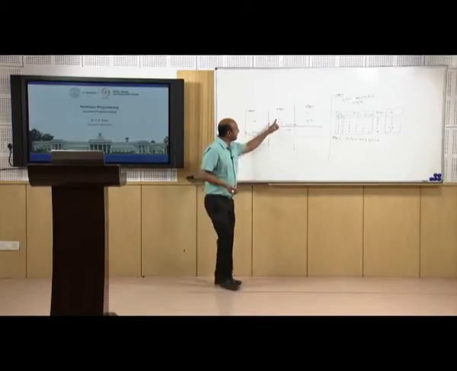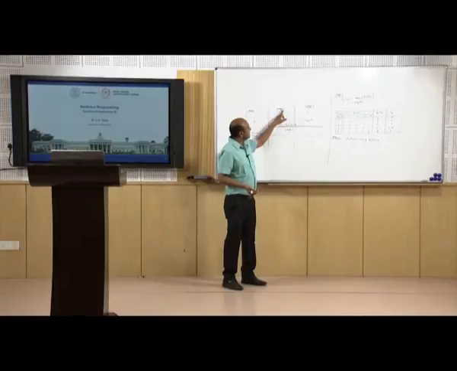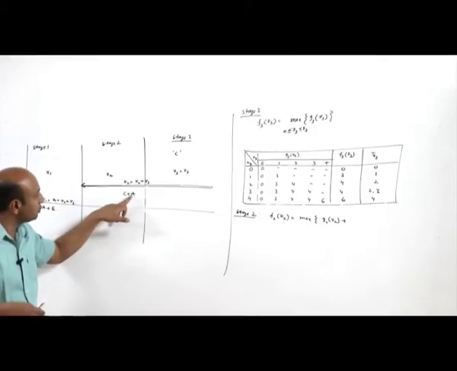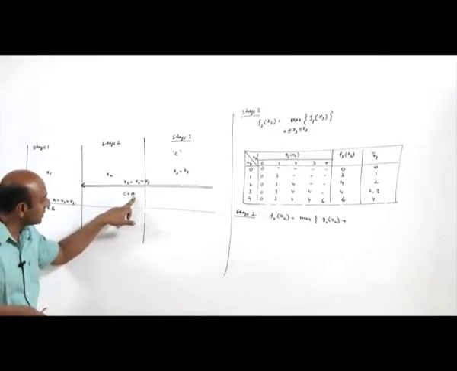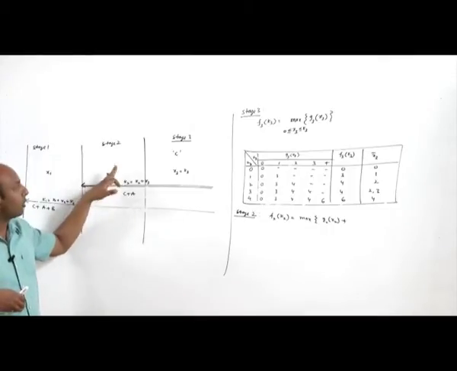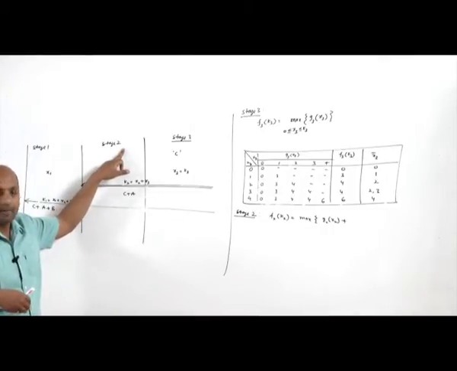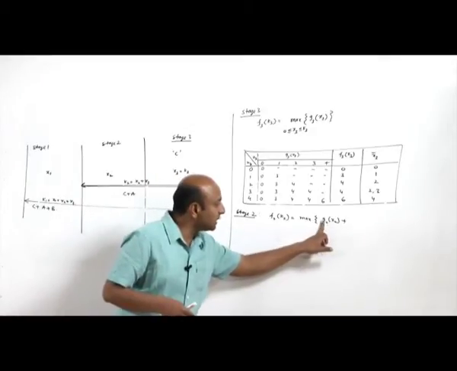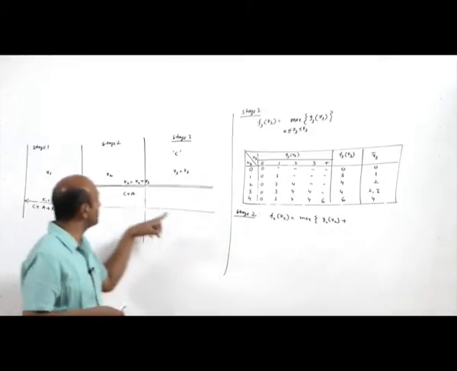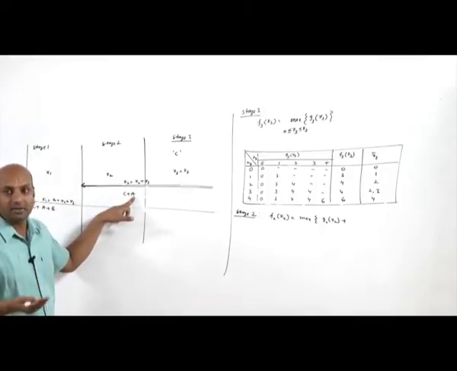You see, up to this stage, 2 plants are available, C and A. The net output of these 2 plants will be the maximum return obtained from stage 2. Now, G2X2 is the return obtained from plant A, sorry.